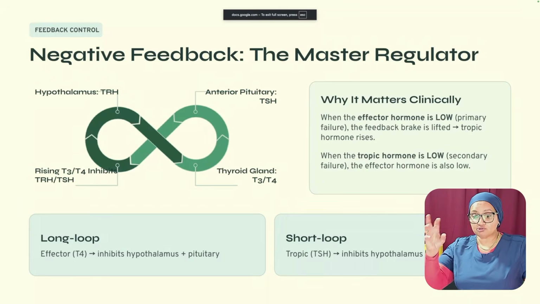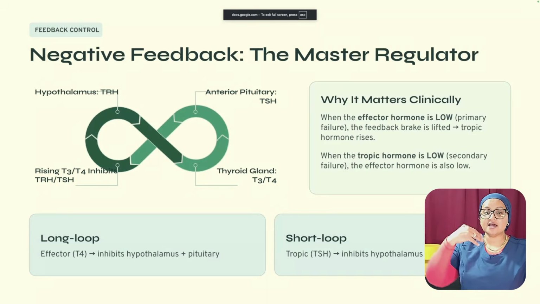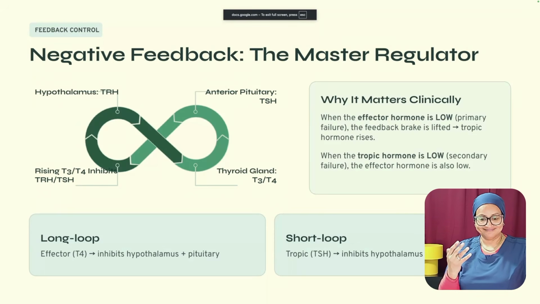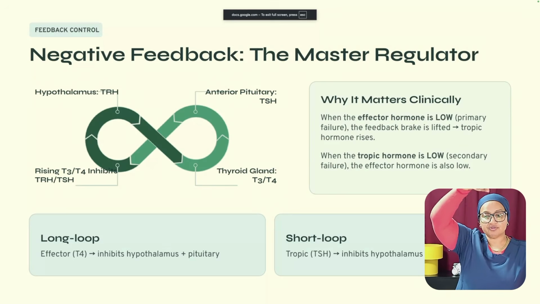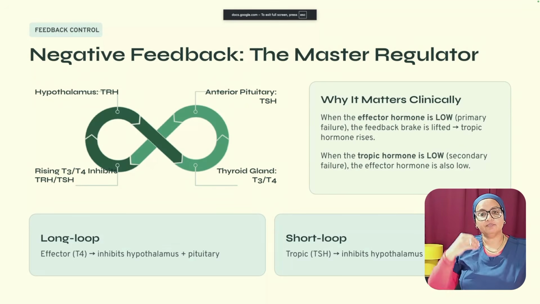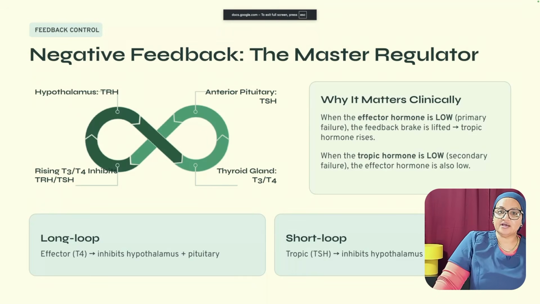This process goes for some time until we have enough level or increased levels of T3 and T4, and they loop back to the hypothalamus and to the pituitary, telling them we have enough. And this will suppress the release of TRH and TSH.